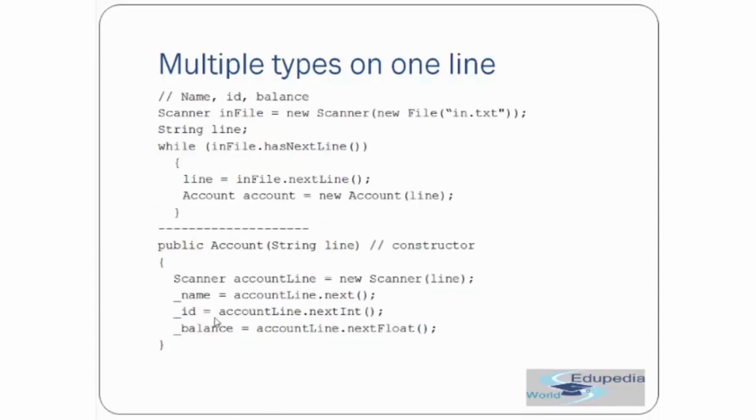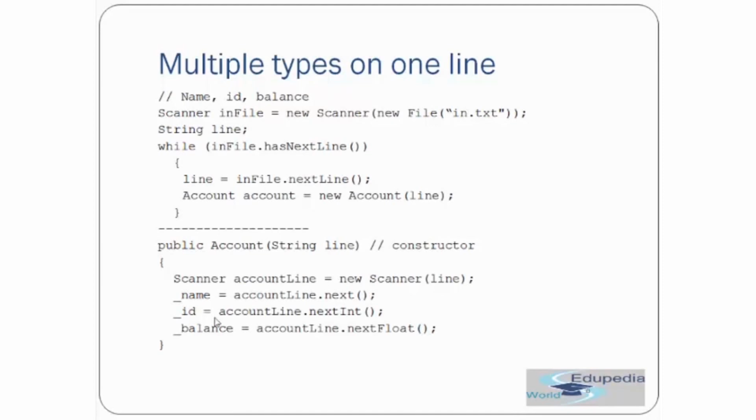Now, multiple types on one line. Again, this can be done in more ways. In this way, we have taken our infile, and in the while loop we use nextLine to check whether there is any line.